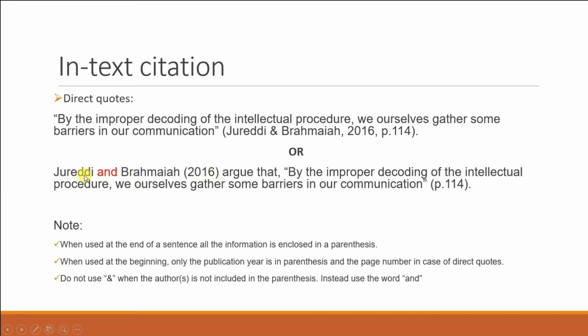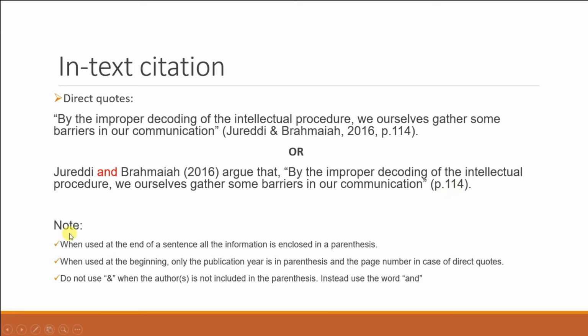When that happens, you don't use the ampersand, but you use "and" in words. So Juredi and Brahmaya 2016 argue that by the proper decoding of the intellectual procedure, we ourselves gather some barriers in our communication. Page 140. As you can see, the page number appears in the last part of the sentence.